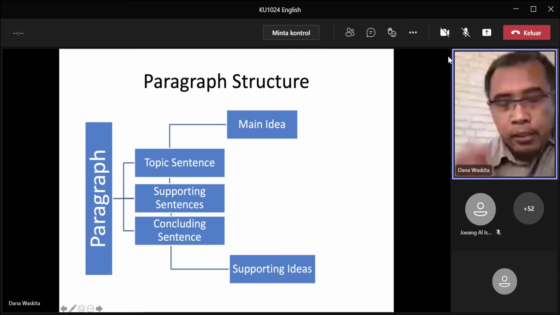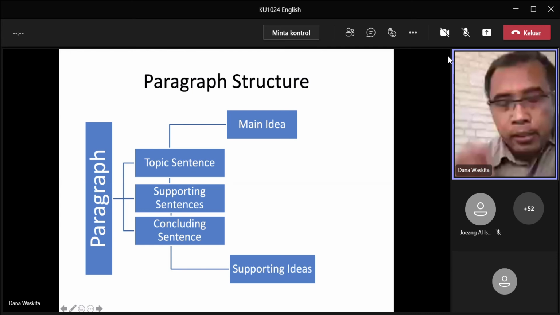In bahasa Indonesia, we call it kalimat utama. And then the topic sentence is supported by other sentences that are called the supporting sentences, atau kalimat pendukung, atau kalimat penjelas gitu ya.